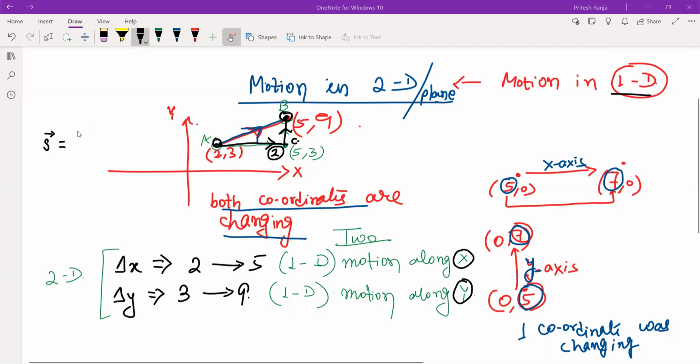Displacement vector will be 3i cap and then 6j cap, right?